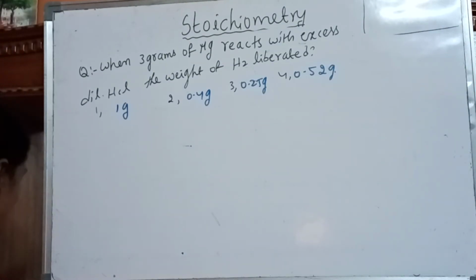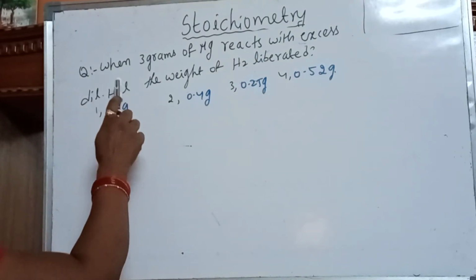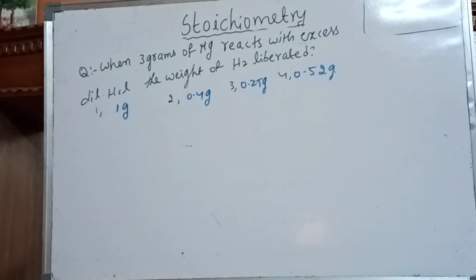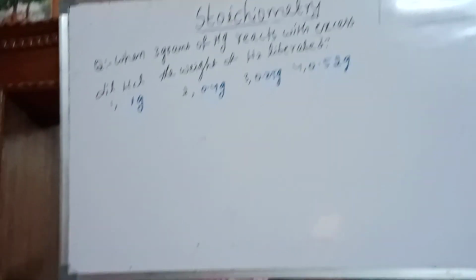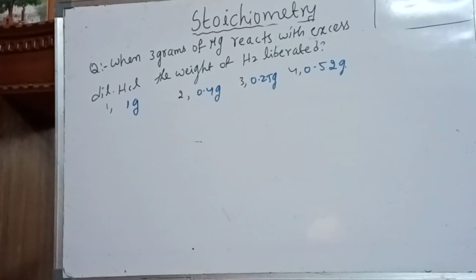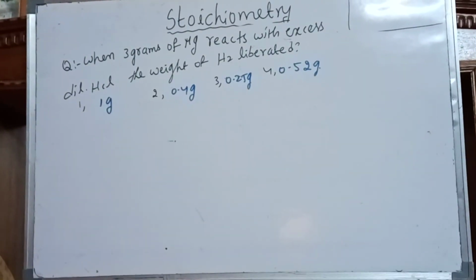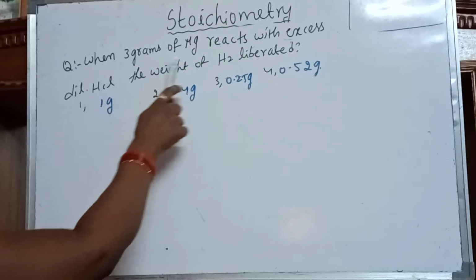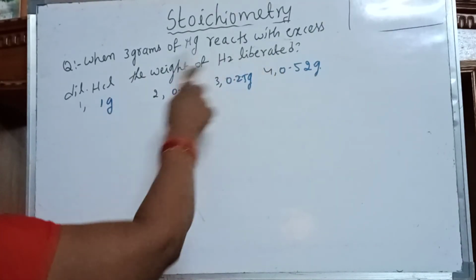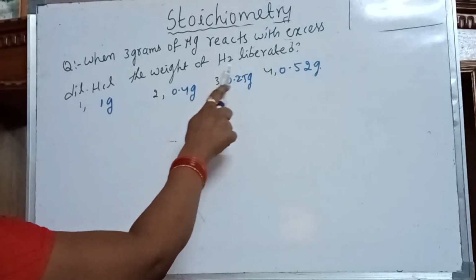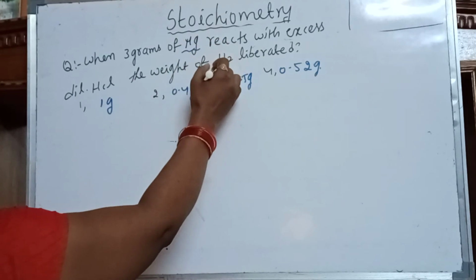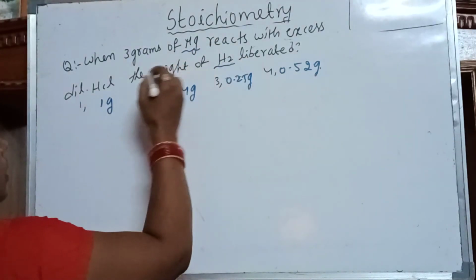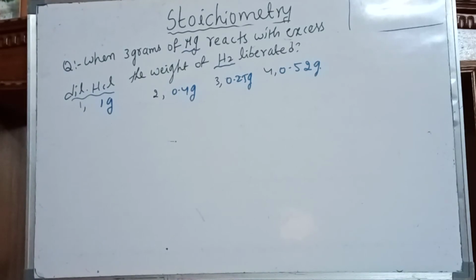So the next question is, see here. When 3 grams of magnesium reacts with excess of dilute HCl, the weight of H2 liberated. So first of all, in this stoichiometric calculation, we have to write the balanced chemical reaction.